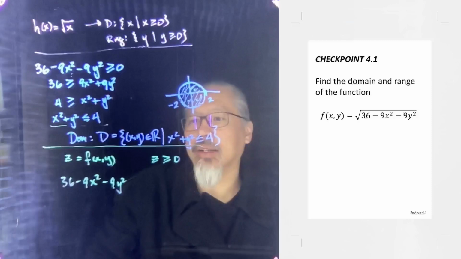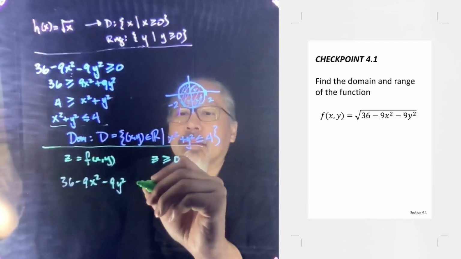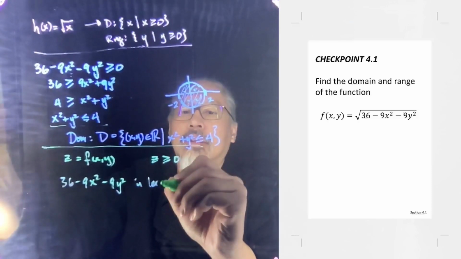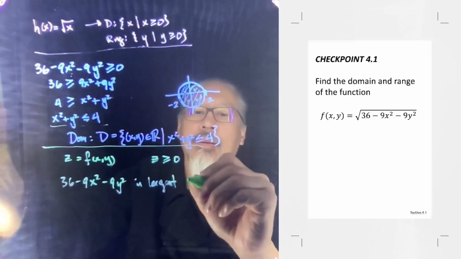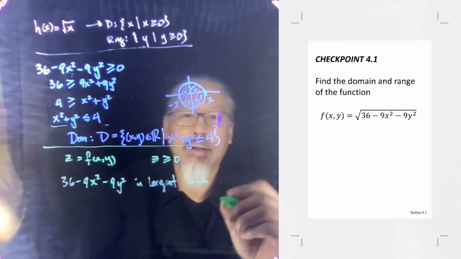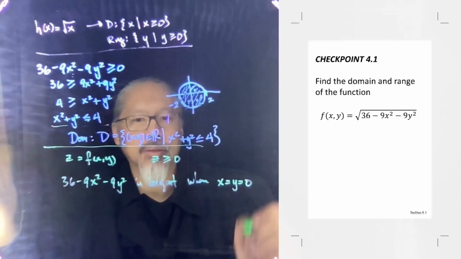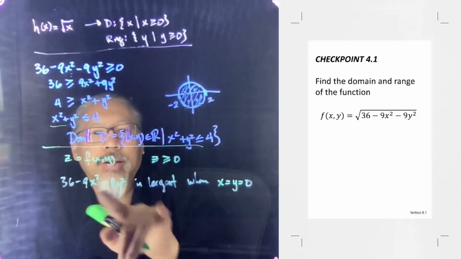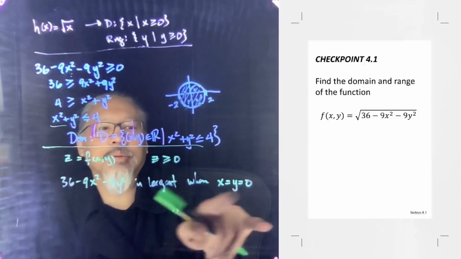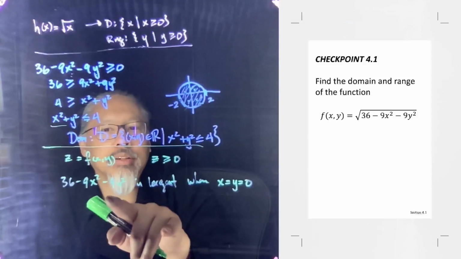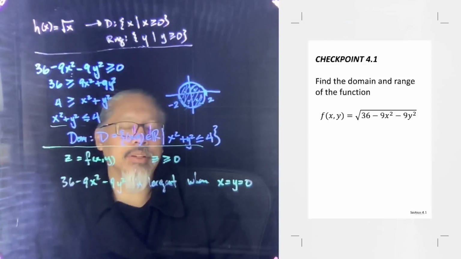So it looks like it is largest when x and y are both equal to 0. When x and y are equal to 0, it's 36. When it's equal to something other than 0, it'll take away from 36.